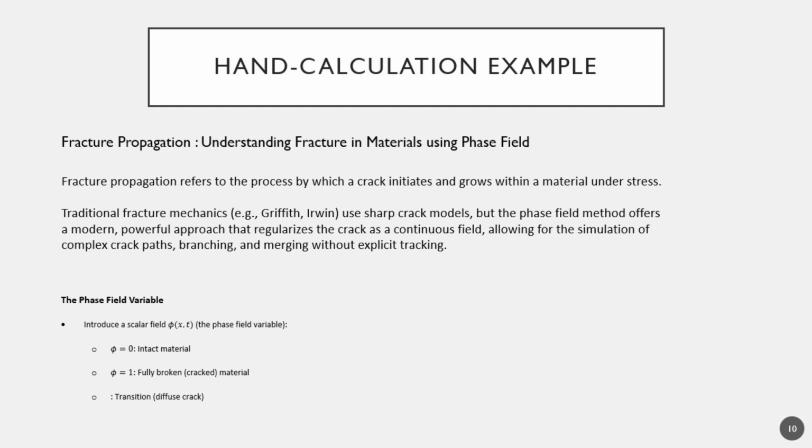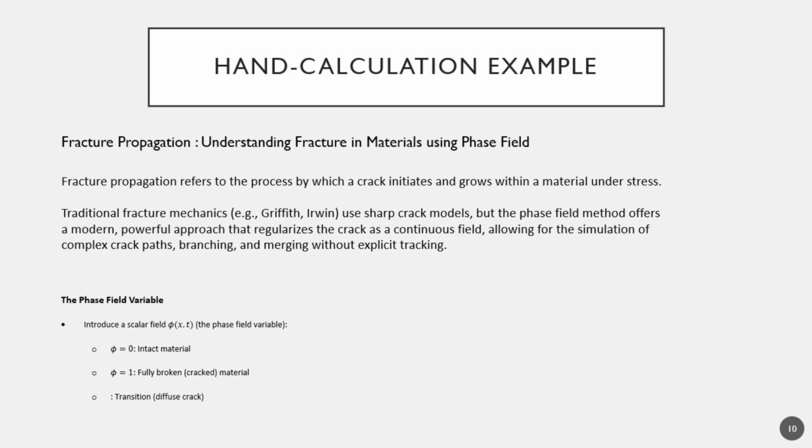And this can be studied using some simple approaches like, traditionally, Griffith's approach is very popular, but we can also study this using phase field. And the way we do this is we assign a phase field variable to the fracture. So in this image, you see when force is being applied on a material, it experiences some stress.